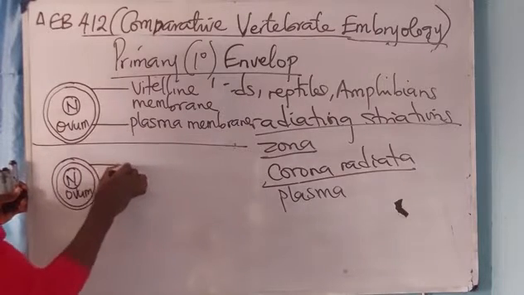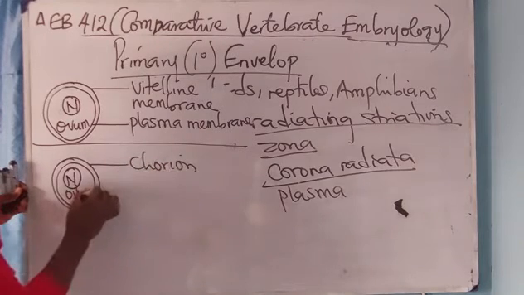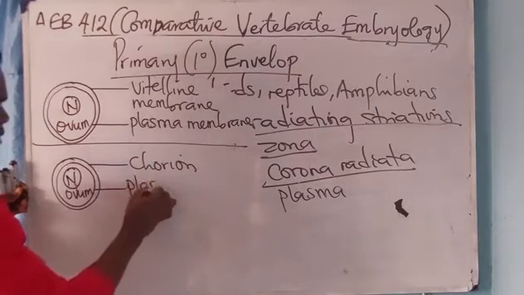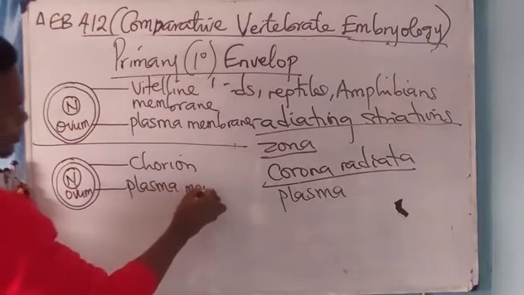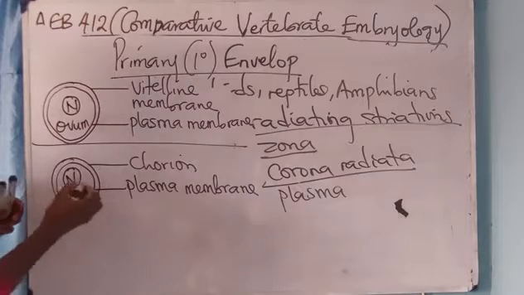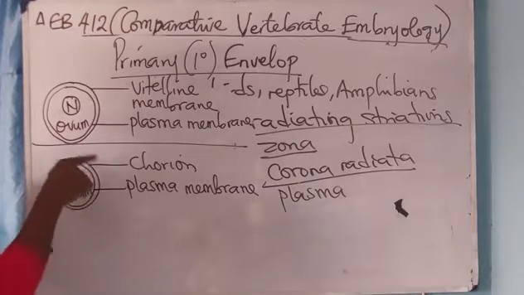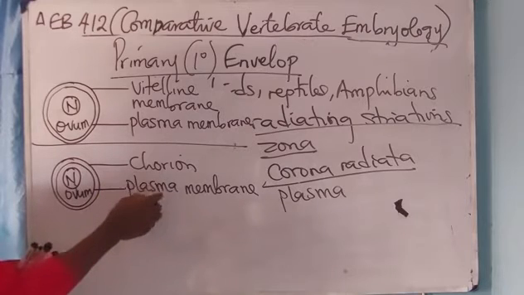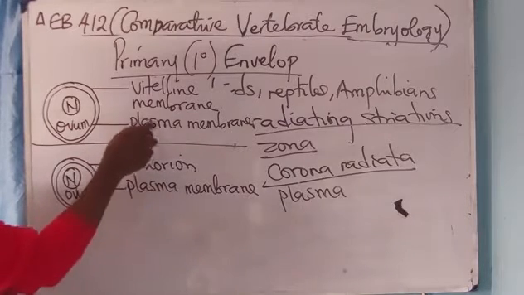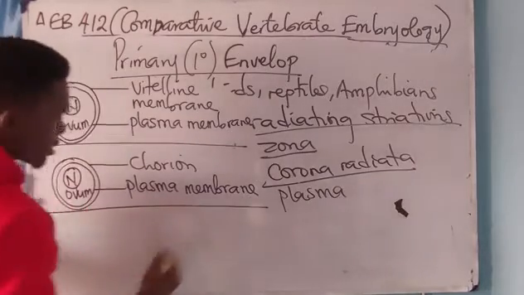Now this first part is called chorion, and the inside is called plasma membrane. You see, fishes. I said in tunicates and fishes, the egg envelope is called what? Chorion. Which means that plasma membrane is common to the eggs of what? Animals.